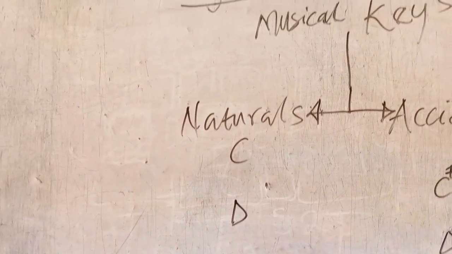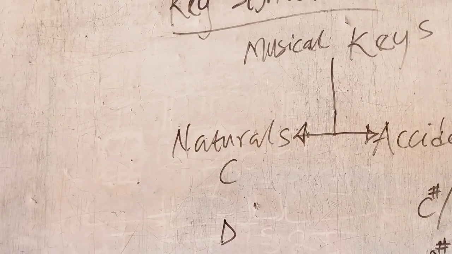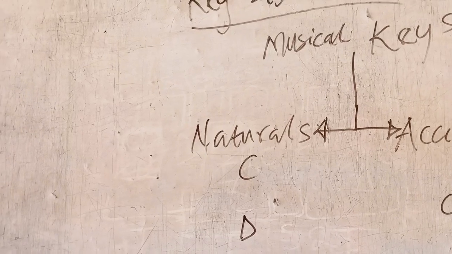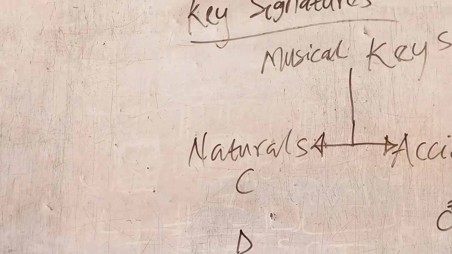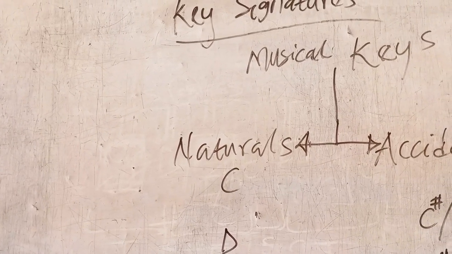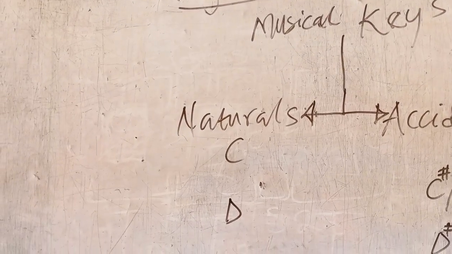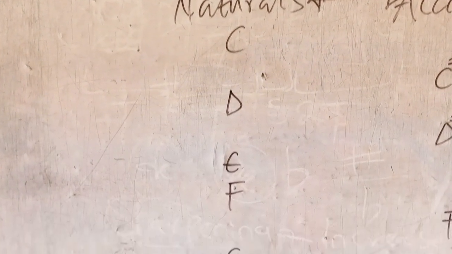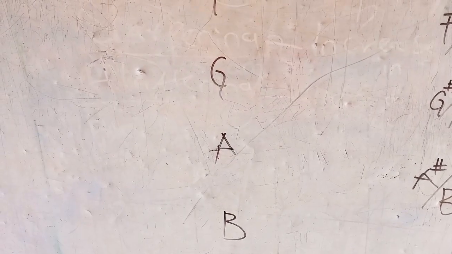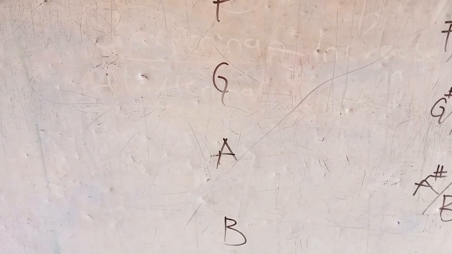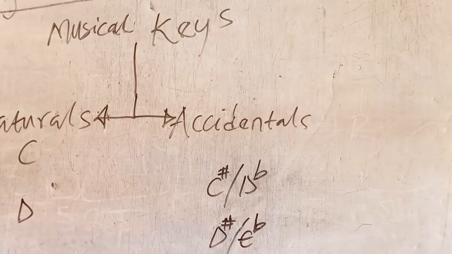And the 7 natural keys are represented by the first 7 letters of the English alphabet, which are A, B, C, D, E, F, G. And since key C is the lowest key and key B is the highest key, they are now arranged in this order: C, D, E, F, G, A, and B. Now, the other 5 remaining keys, which are the accidental keys, are derived from the natural keys by sharpening and flattening.